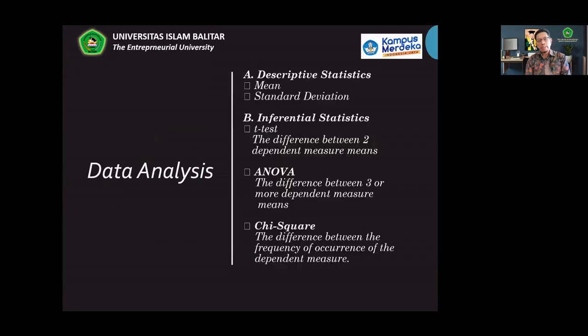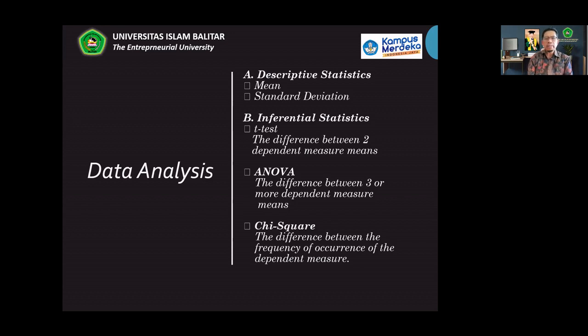These are the data analyses that are appropriate for causal comparative research. Firstly, descriptive statistics, of course, because we always need to compute the mean and standard deviations. Then inferential statistics using t-tests to see the differences between two dependent measure means.